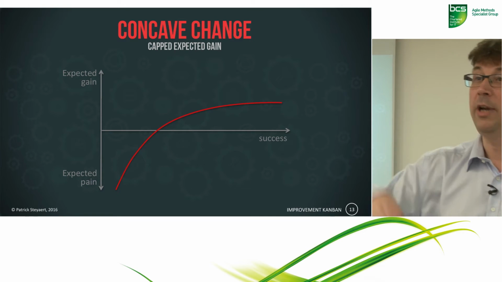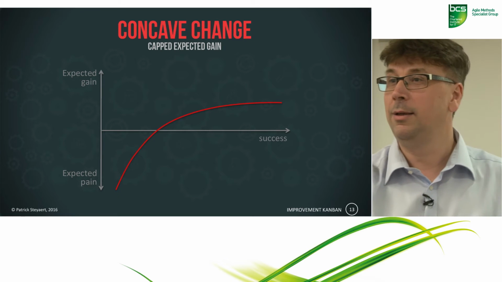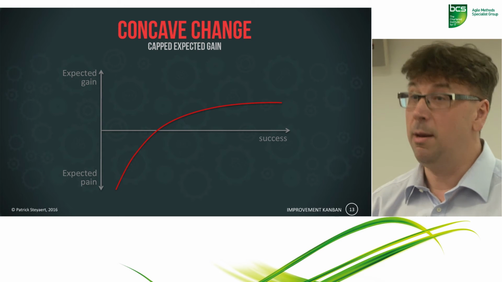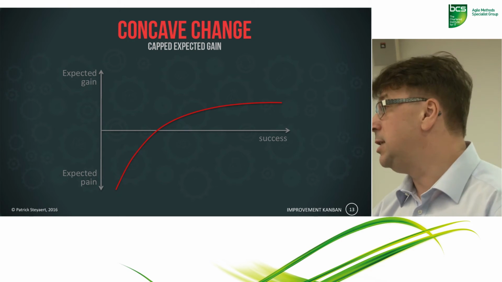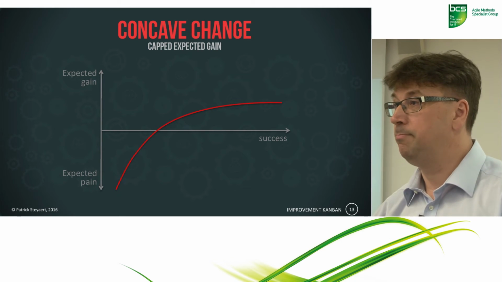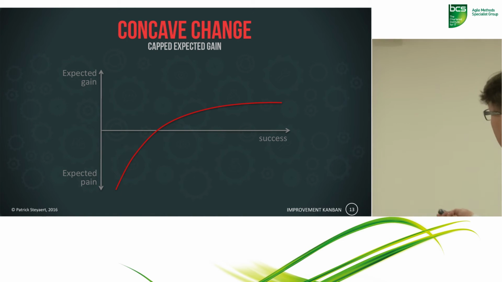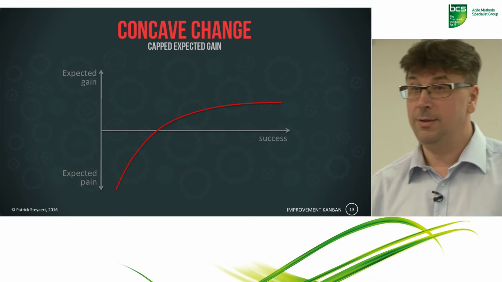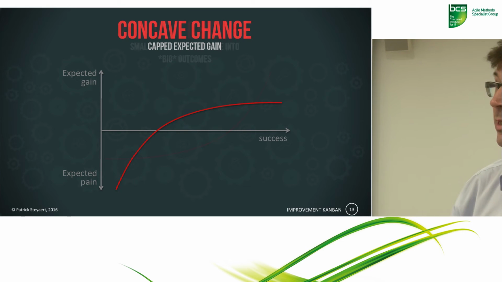Because we're not tracking the landscape, we're just jumping. We can only expect a maximum amount of gain, and most often the pain is even greater than the gain. Now, the concave change is what many organizations are most familiar with.